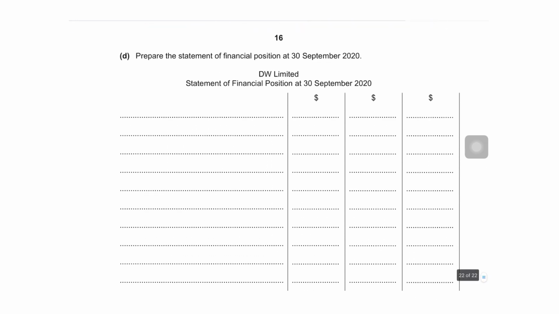Now, the last part is related to the preparation of statement of financial position. So, we are given 3 columns, which means that the first column would be related to the cost of non-current assets, second would be related to the accumulated depreciation, and the last column would of course be related to the net book value.